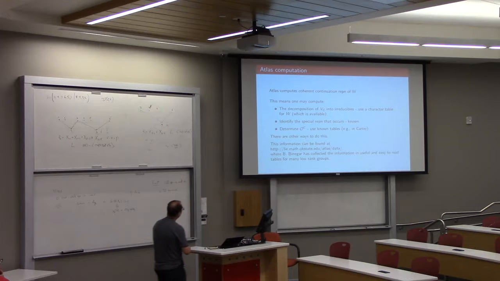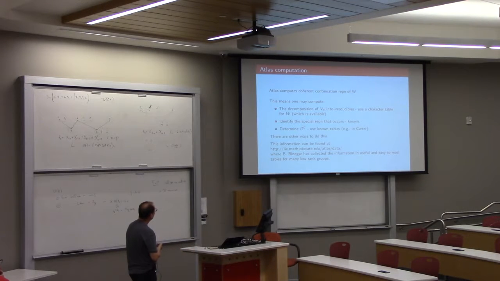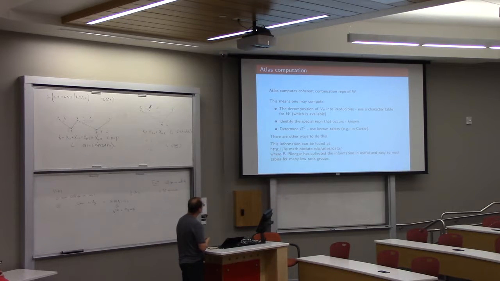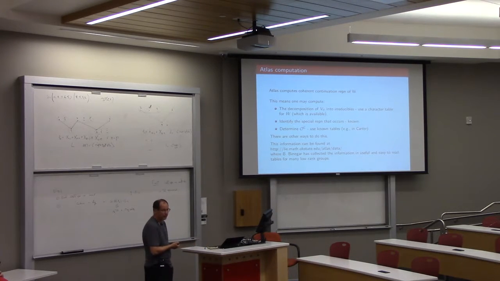Okay, so, as was mentioned, if you know the coherent continuation representation, you can compute the associated variety of the annihilator, and you can compute what special representation is there.